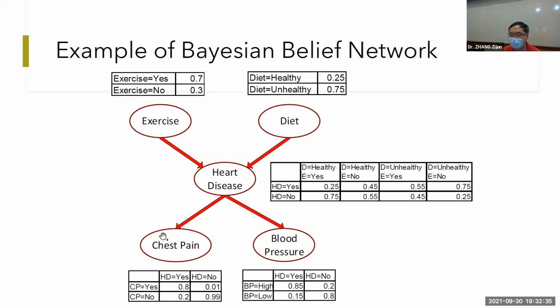So it is naturally independent from the chest pain and blood pressure. This chest pain and blood pressure might be due to the heart disease. It's not that heart disease is due to the chest pain and blood pressure. So these are the results of the heart disease.